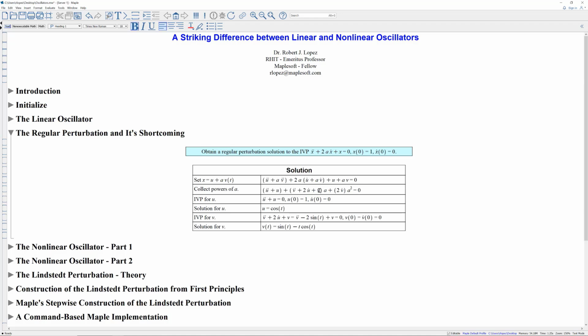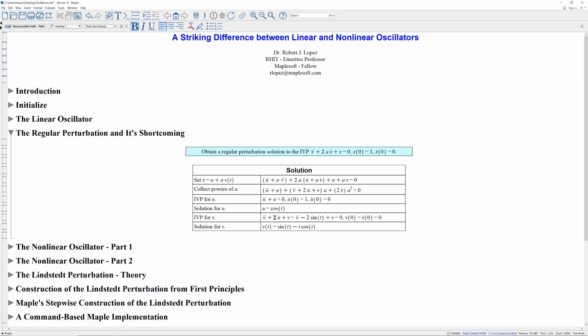You then turn your attention to the initial value problem you get when you set this coefficient equal to 0. You notice this coefficient has a u dot, so you need the solution for u before you can get the solution for v.